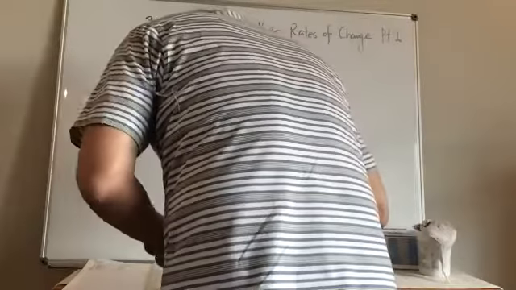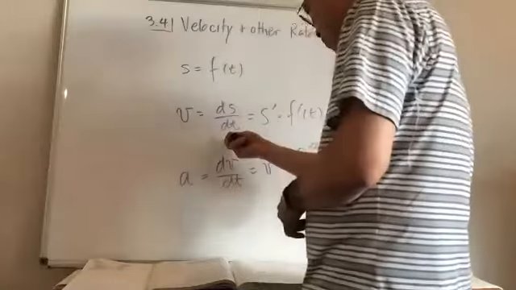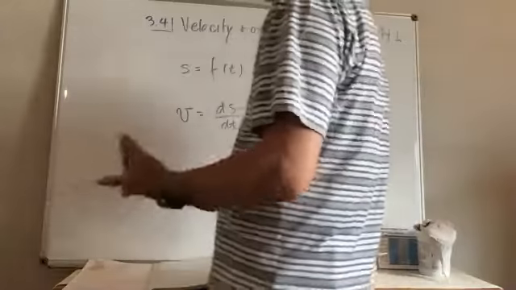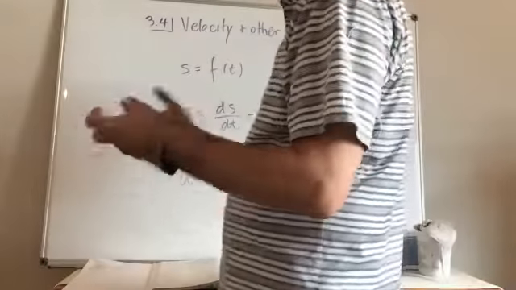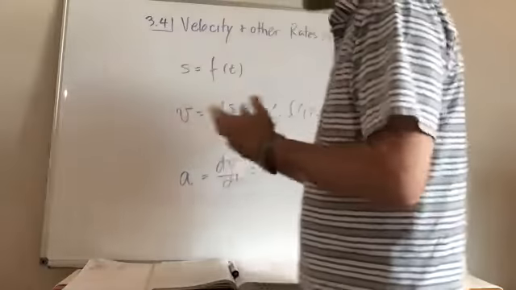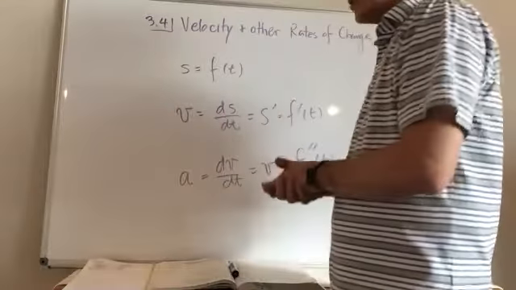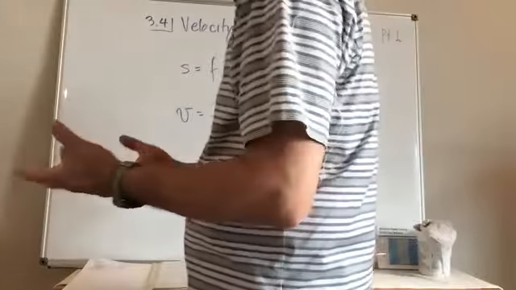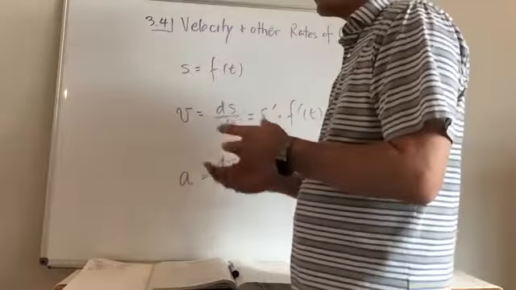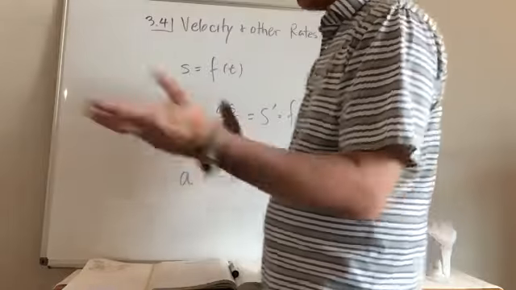Okay, so if you go to the bottom of page 130, it gives you the instantaneous velocity. The velocity is ds dt right here, or s prime. Whereas the speed, now there's something called speed. Velocity has a direction, whereas speed does not have a direction, okay? So if I'm speeding at 60 miles per hour, I'm going at a rate of change of 60, but I don't know where I'm going.